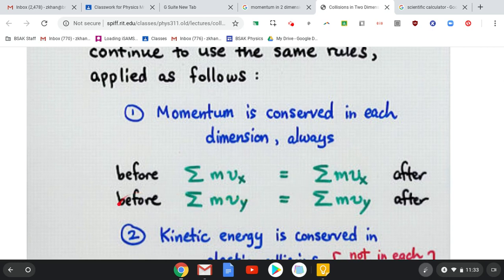The total momentum of the objects before the collision in the y direction is equal to the total momentum of the objects in the y direction after the collision.